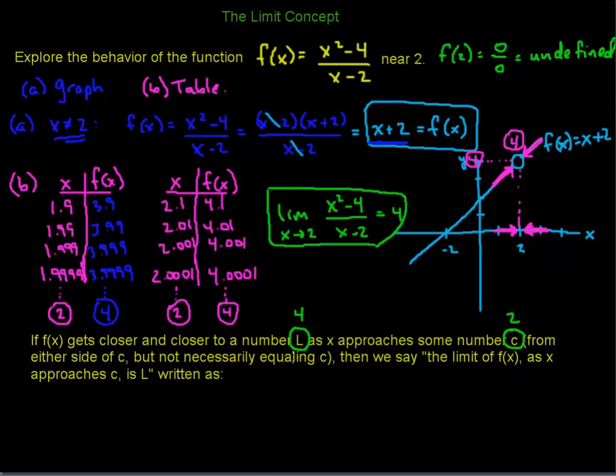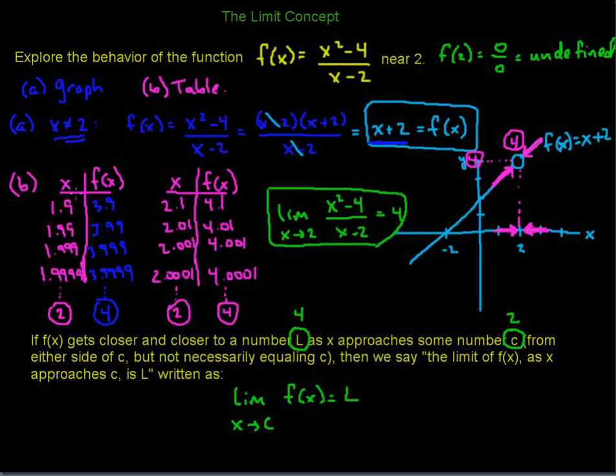It can, but in this case it wasn't. Then we say that the limit of f of x as x approaches c is equal to L. And we write this general limit as limit as x approaches c of f of x equals L.